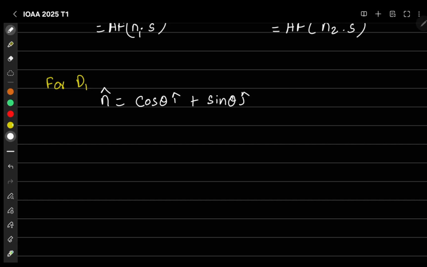And then for D2, n2 will be minus cos theta i cap plus sin theta j cap.